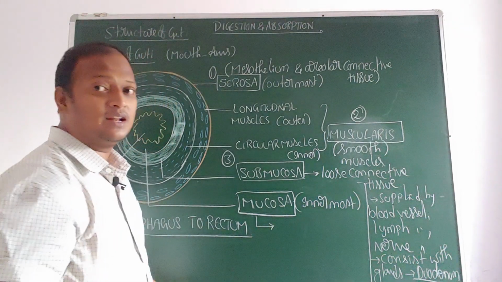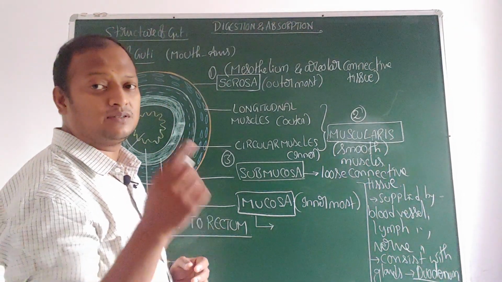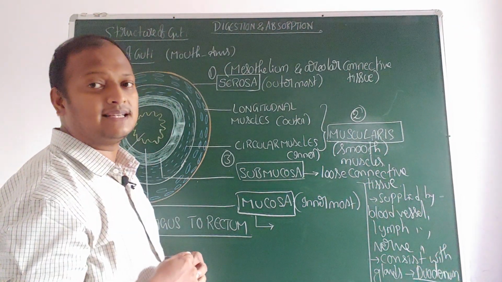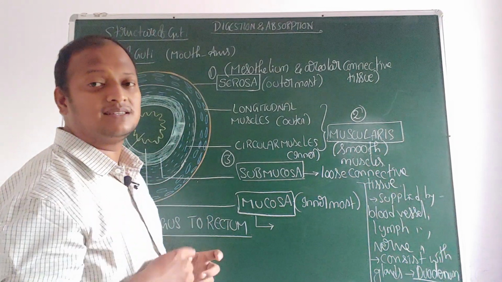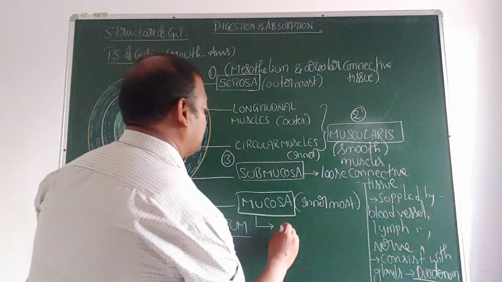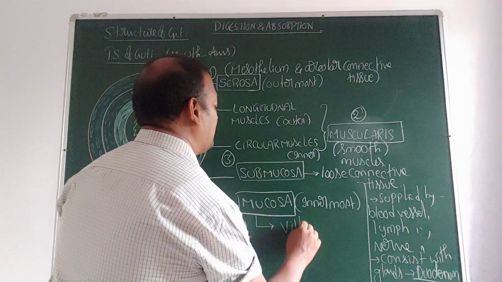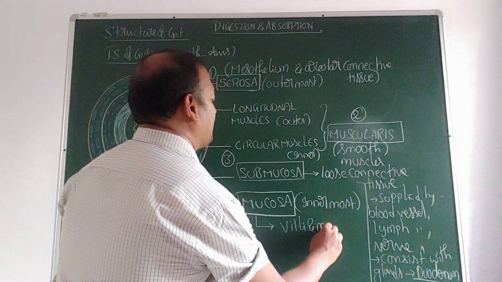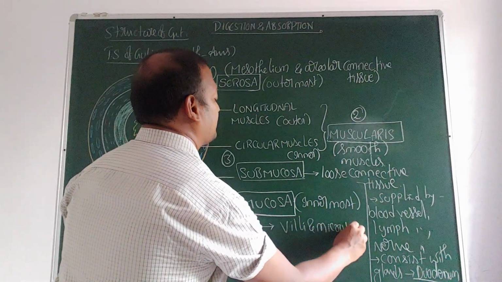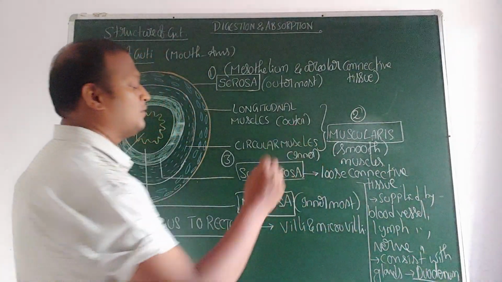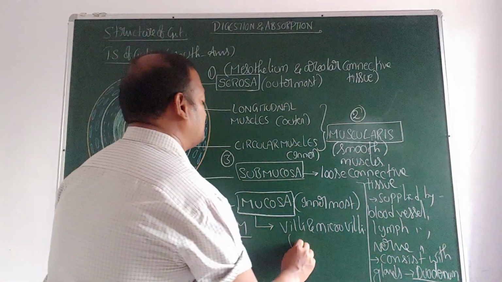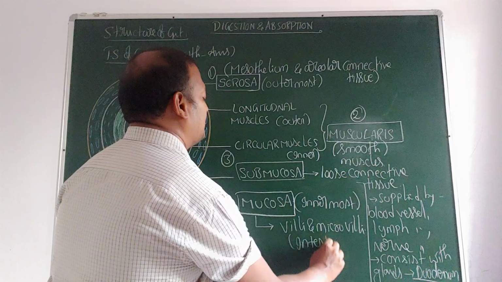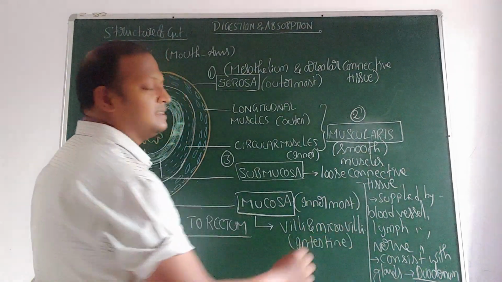The innermost layer of the gut, the mucosa, has what type of projections in the region of the intestine? Those are villi and microvilli. What purpose do villi and microvilli serve?